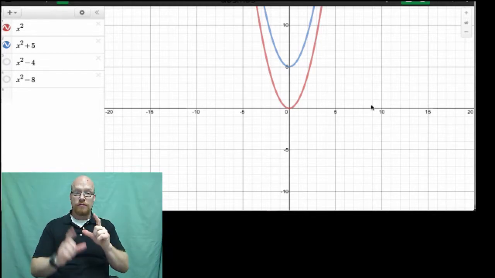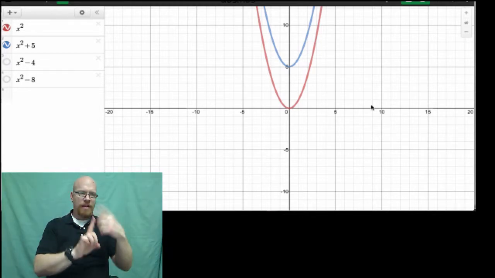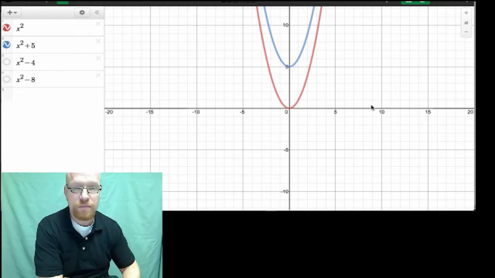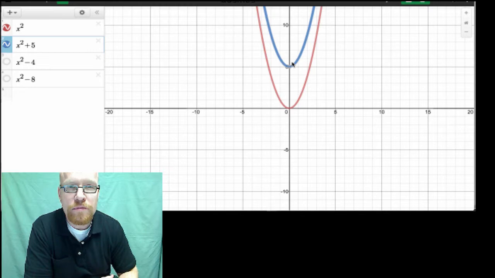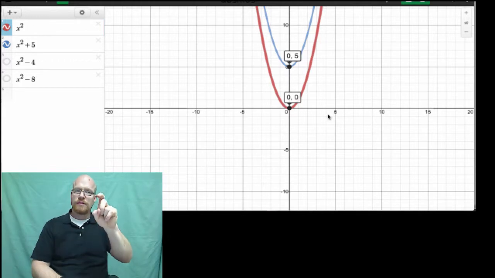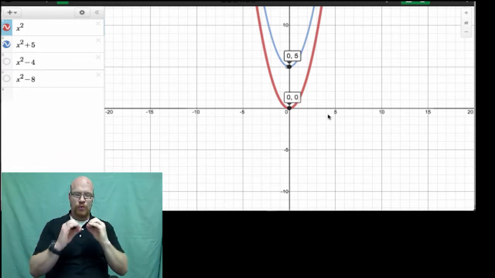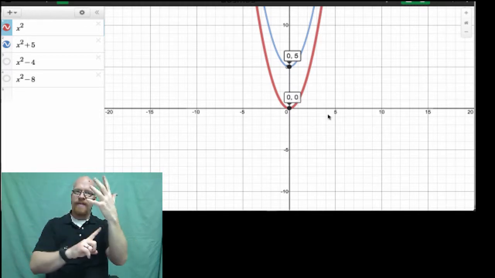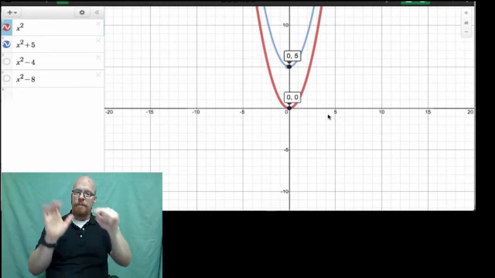And you can see it, the parent function is a red graph, and then we added 5, and it moved up 5 places to give us the blue parabola. You look at our vertexes, 0, 5, and 0, 0. It clearly goes up 5 places.